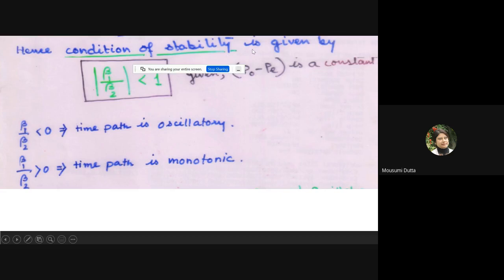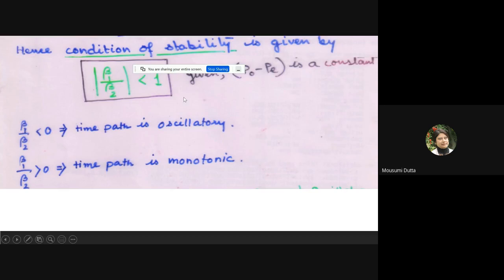So the condition of stability is given by mod beta 1 by beta 2 less than 1, given that P naught minus Pe is a constant. Later, when we do the graphical analysis, we will once again check whether we really get this condition.